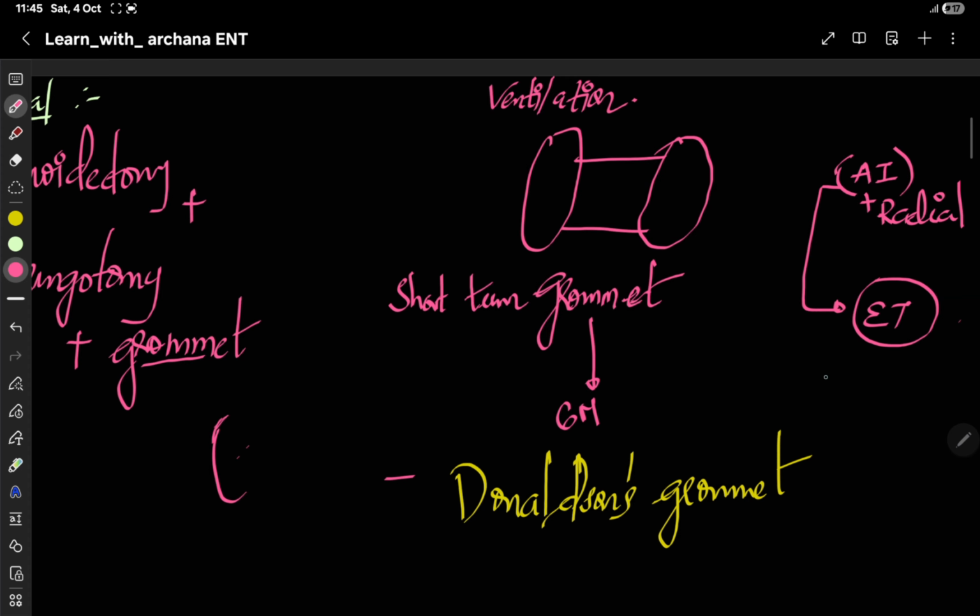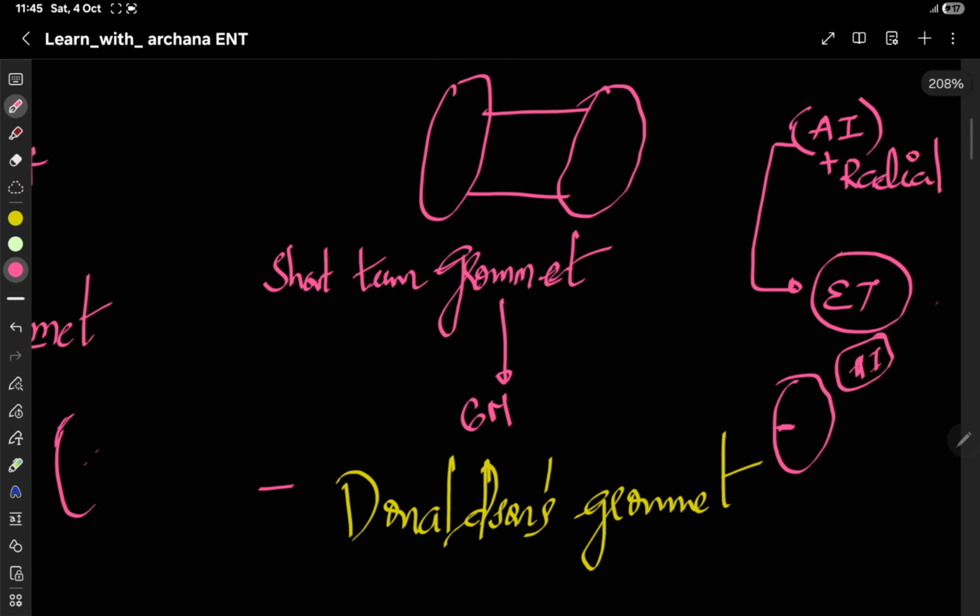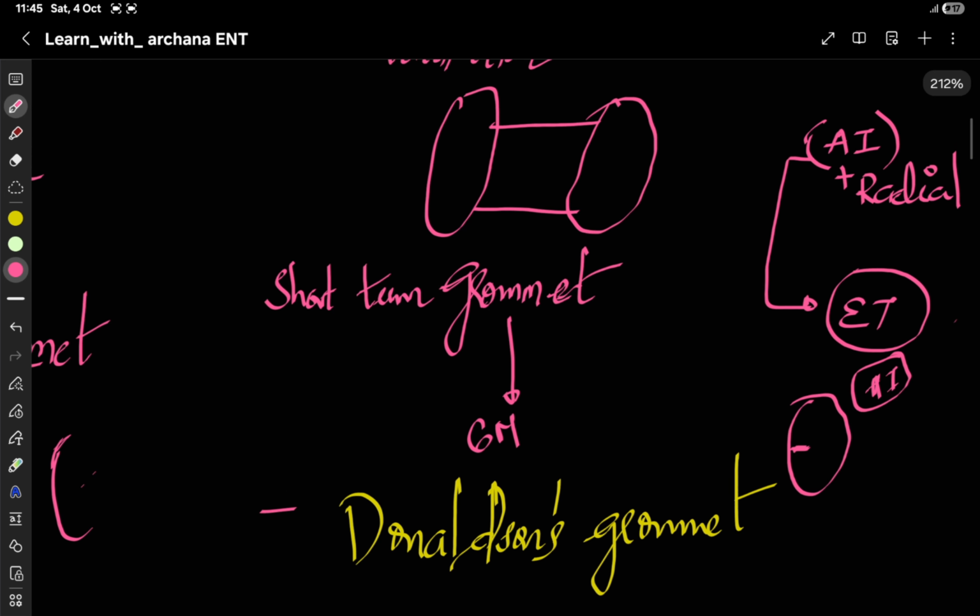That is, we consider this as the tympanic membrane, and we put a radial incision in the anterior inferior side because it is a safer side, in order to prevent injury to vital elements like the middle ear structures like the malleus, incus, etc. So we put a radial incision and we put this inside.